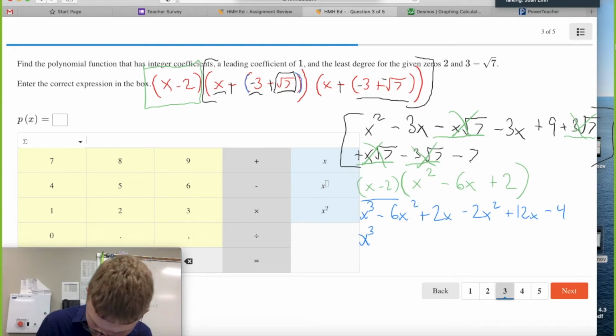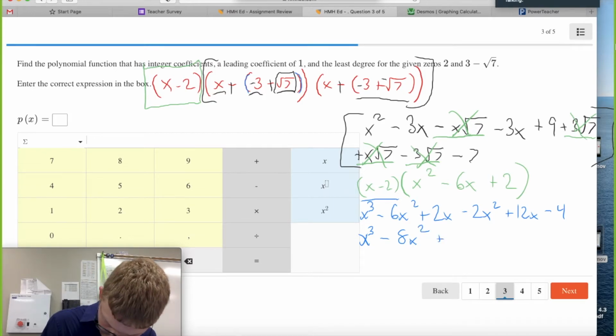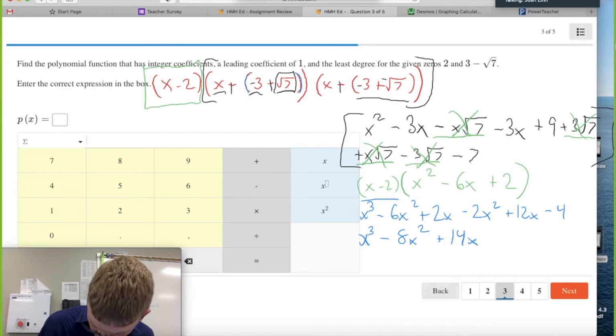X cubed is still there. We have a minus 8x squared plus a 14x minus 4. And it says enter the correct expression in the box.